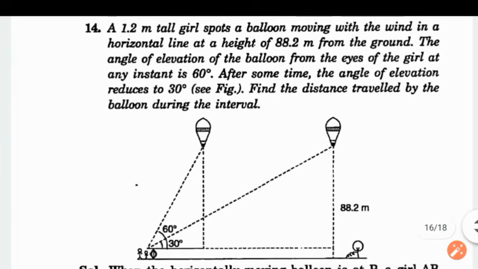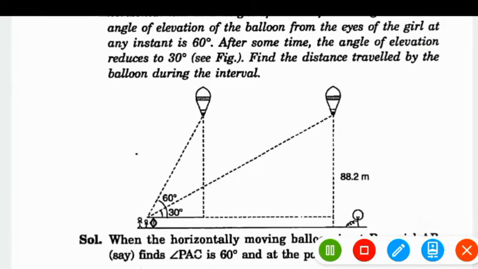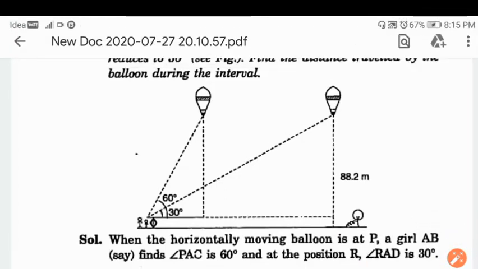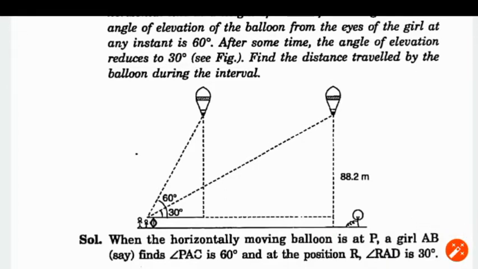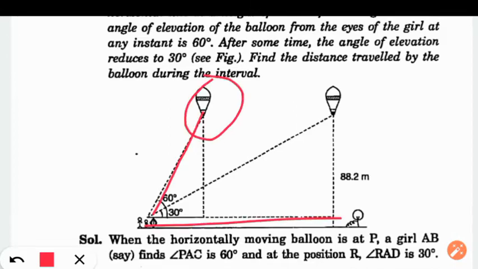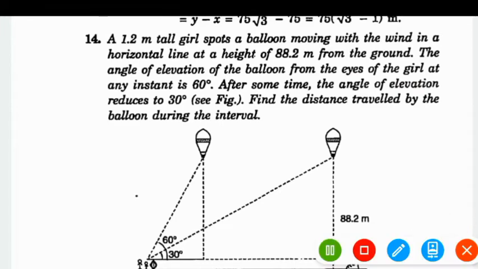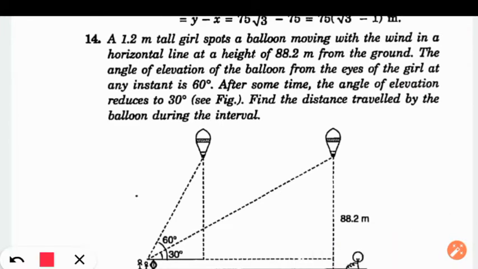Now, the angle of elevation of the balloon from the eyes of the girl at any instant is 60 degree. So when the balloon is here, it makes an angle with the eye of the girl of 60 degree. This full angle is 60 degree. After some time, the angle of elevation reduces to 30 degree.